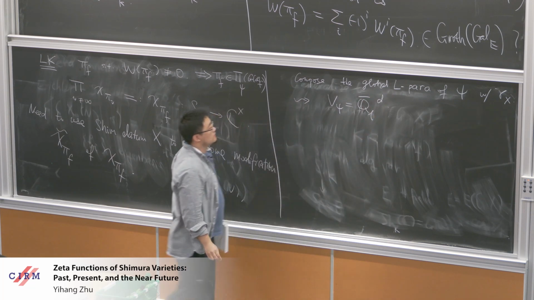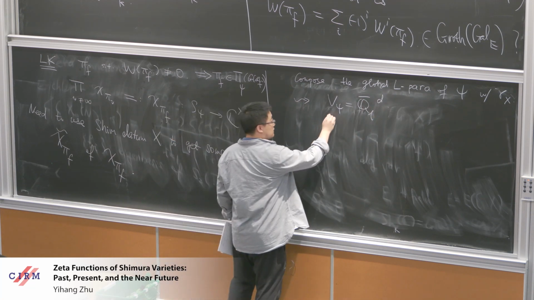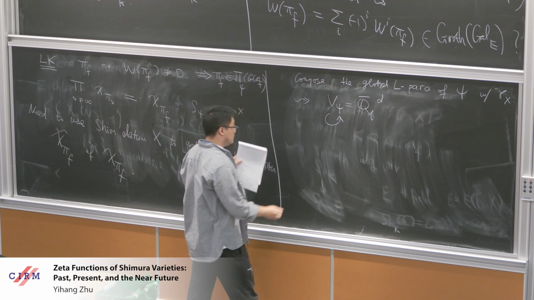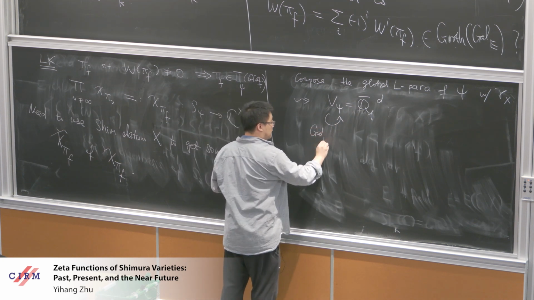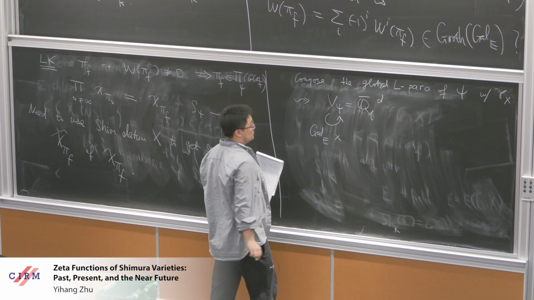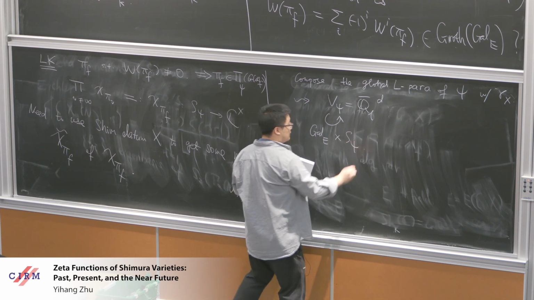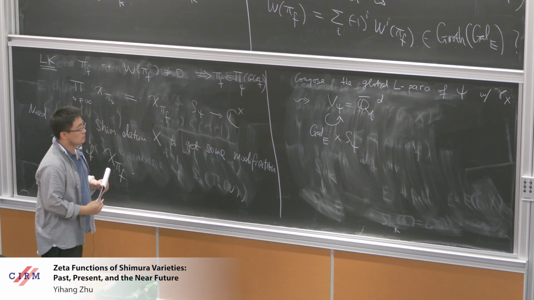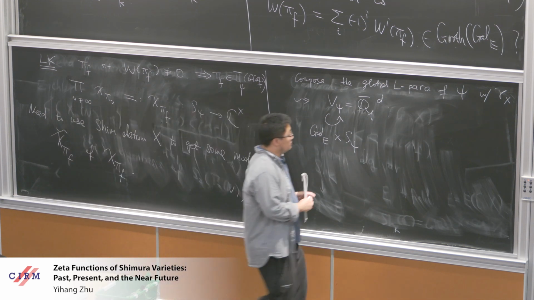And it has two actions: by the global Galois group of E times the centralizer group S_ψ. Okay, so this is what you would get.